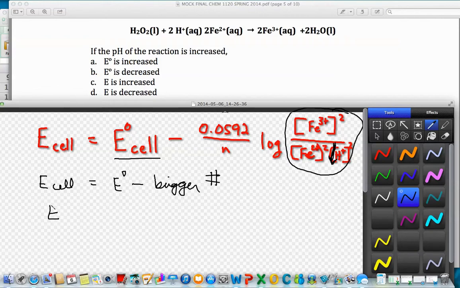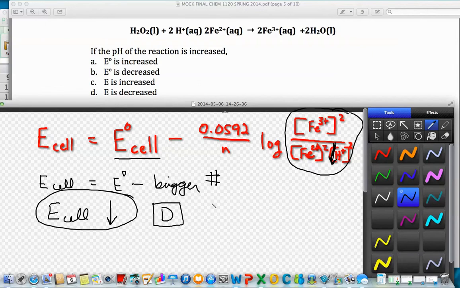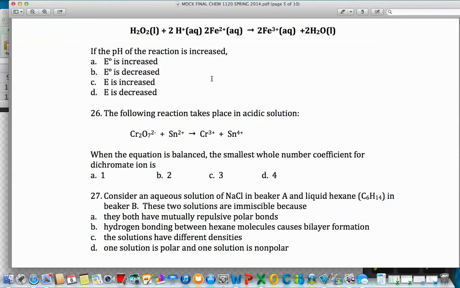That means that E cell must go down. Best answer is D. Now, E cell standard state is a normalized value. It will never change, so A and B can be immediately eliminated. So for number 25, the credited answer is D, must use the Nernst equation. There's really no other way to do it.